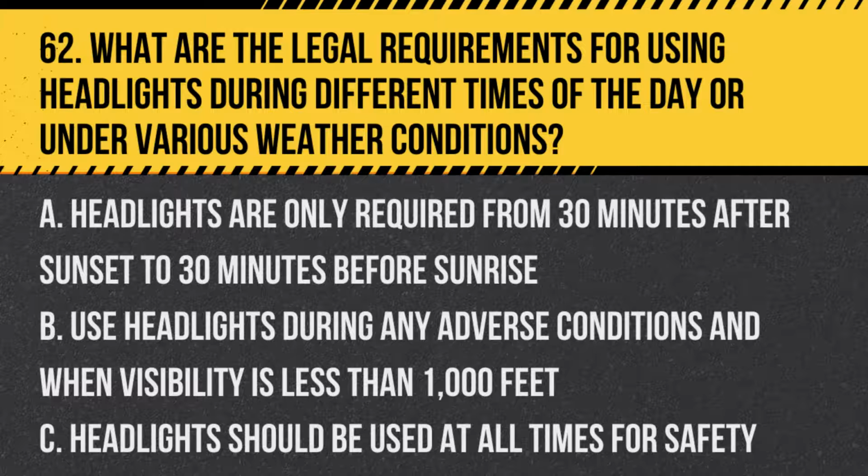C. Headlights should be used at all times for safety. Answer B. Use headlights during any adverse conditions and when visibility is less than 1,000 feet. This enhances both your visibility and your vehicle's visibility to others.